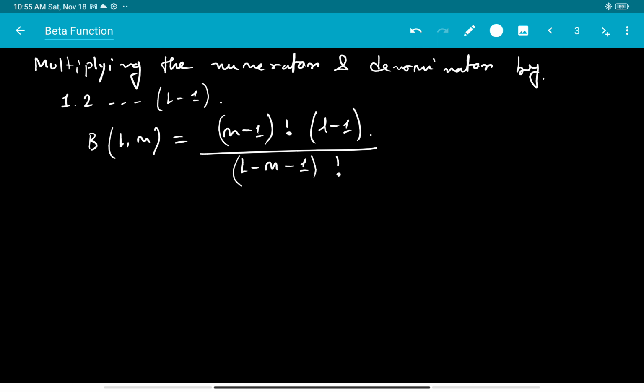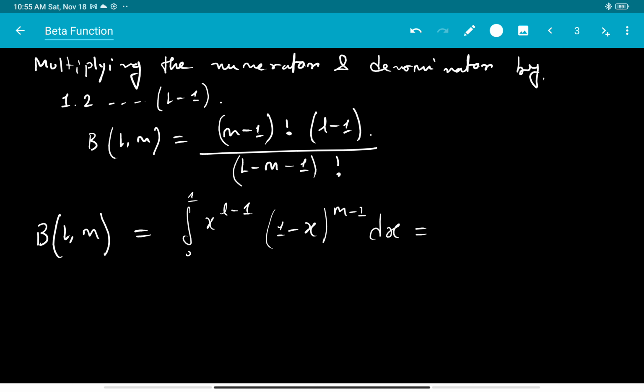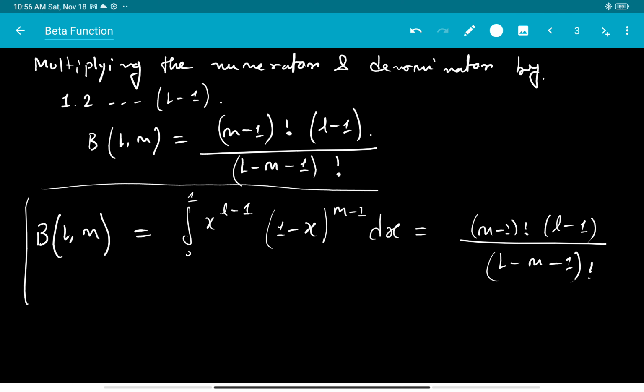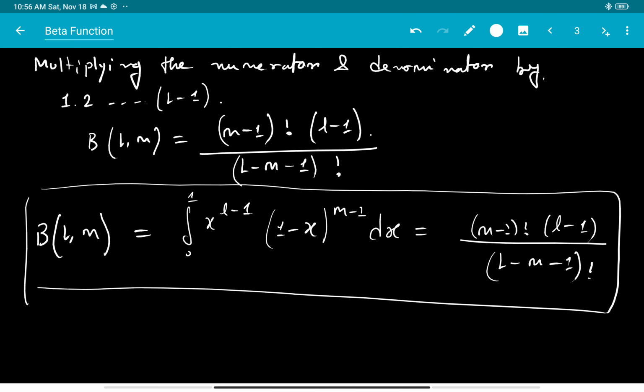That's how beta L comma m, the integral from 0 to 1 of x to the power L minus 1 times (1 minus x) to the power m minus 1 dx, is evaluated. So this is the entire setup of the beta function.